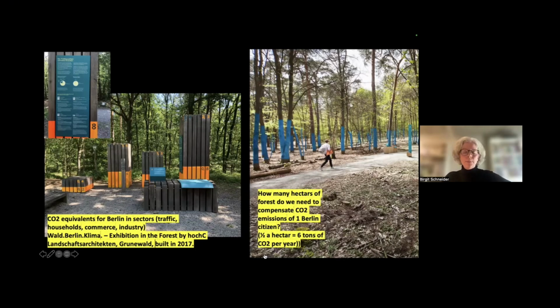There you will see many data sculptures which try to make data tangible, for example, how many hectares of forest we need to compensate the CO2 emissions of one Berlin citizen. This is half a hectare. Then you can see how many trees make up half a hectare, just to compensate your own emissions.